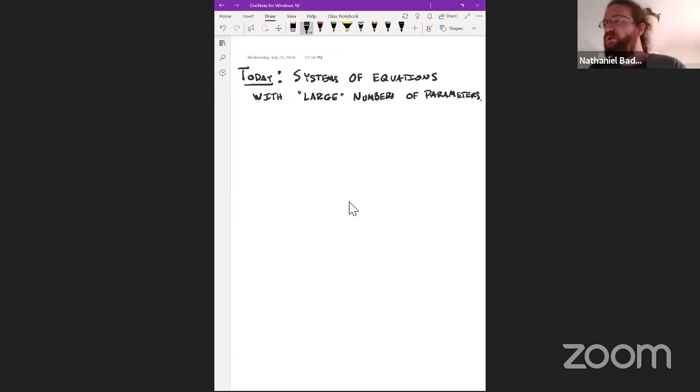We may get to switching to the heat equations and spatial systems of differential equations; we'll see how far we get. The first part will be talking about systems of equations with a large number of parameters. The second part will be going through the lab and homework.